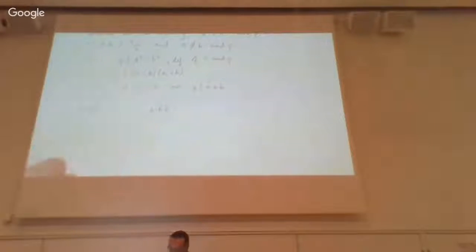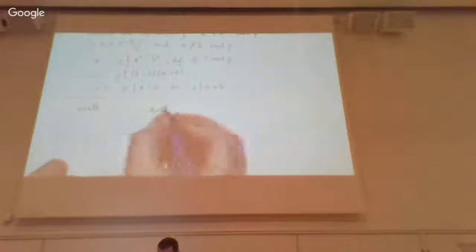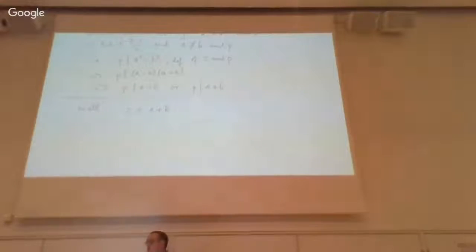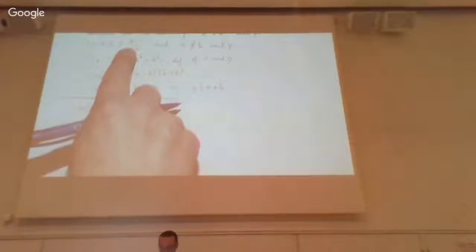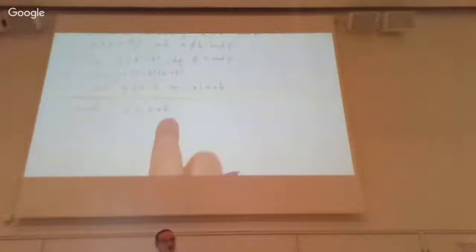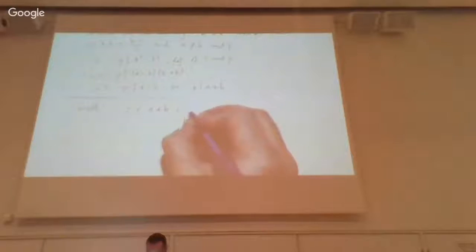Now a and b are both bigger than 1, so a plus b is certainly bigger than or equal to 2. But a and b are both less than or equal to (p minus 1) over 2. So the absolute largest that a plus b could be would be p minus 1.